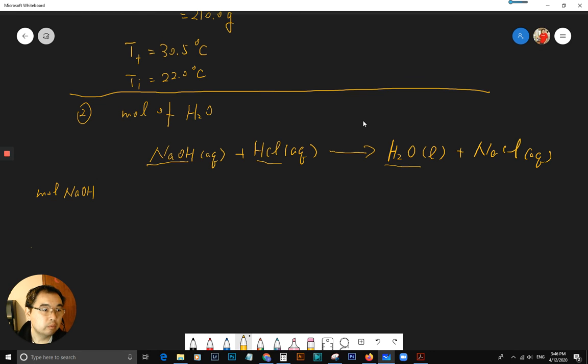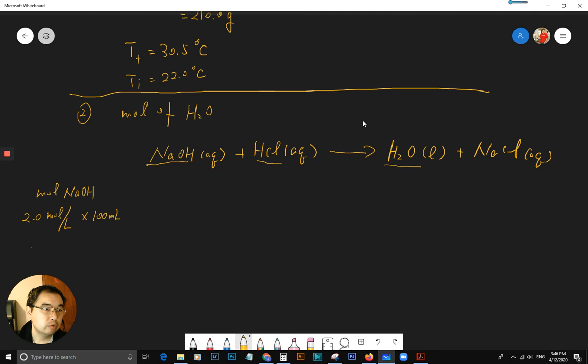The mole of the sodium hydroxide can be calculated by the molarity of the sodium hydroxide, which is 2.0 mole per liter, as the question gave, times the volume, which is 100 milliliter.